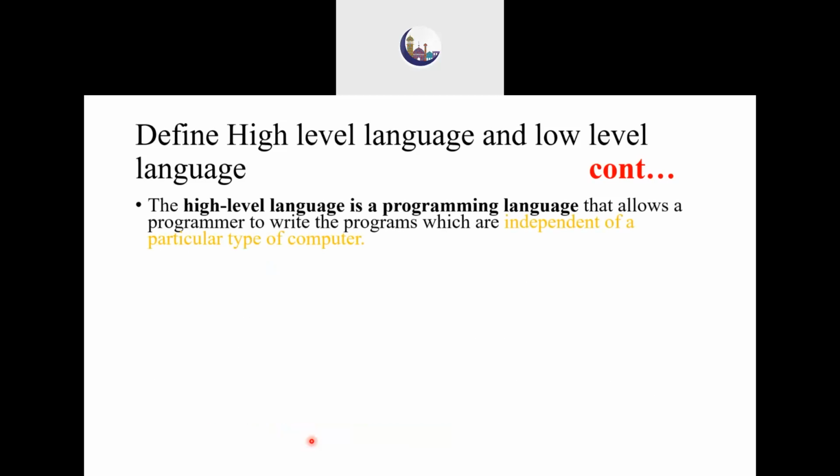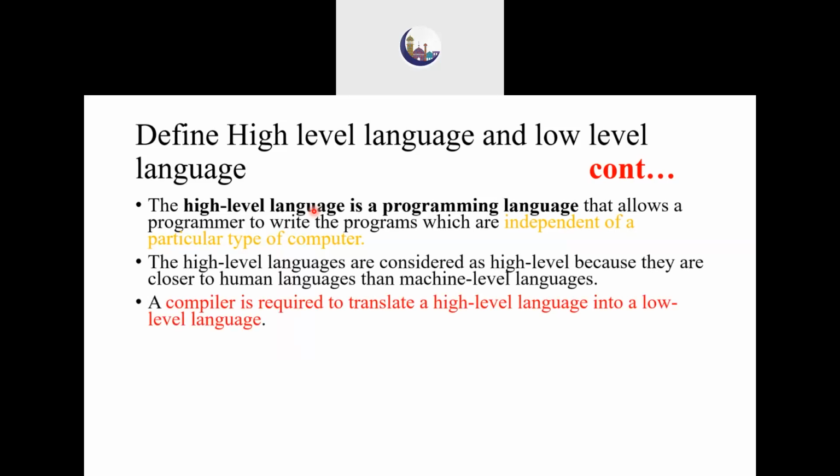When we come to high level language, it's again a programming language, but of a particular type. Remember this: it is independent of a particular type of computer. That means a high level language contains terminology which is very familiar for a human being to adopt. So high level languages will abstract it in more detail.